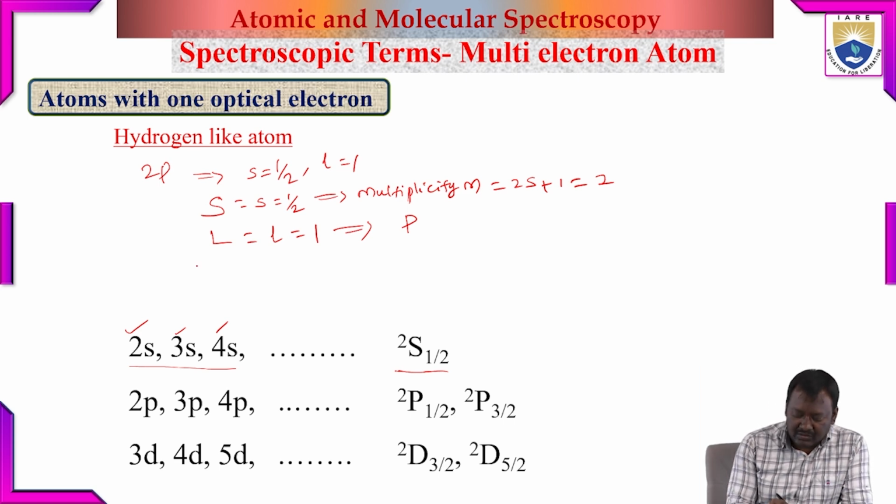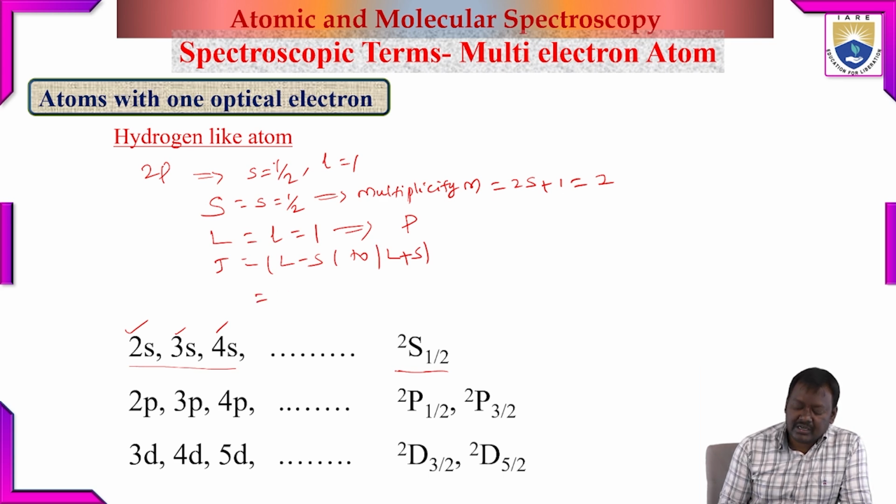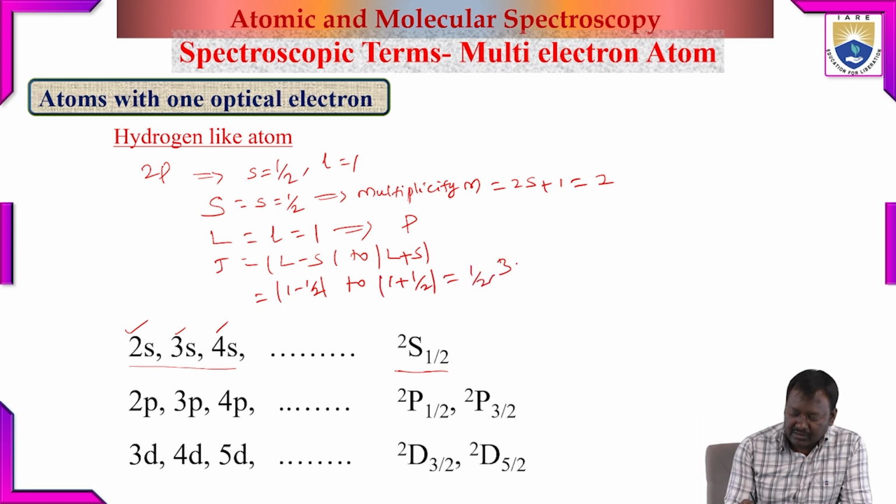Okay, so the J value will be from L minus S to L plus S, where L is 1 and S is 1 by 2. So 1 minus 1 by 2 to 1 plus 1 by 2, that means 1 by 2 and 3 by 2.